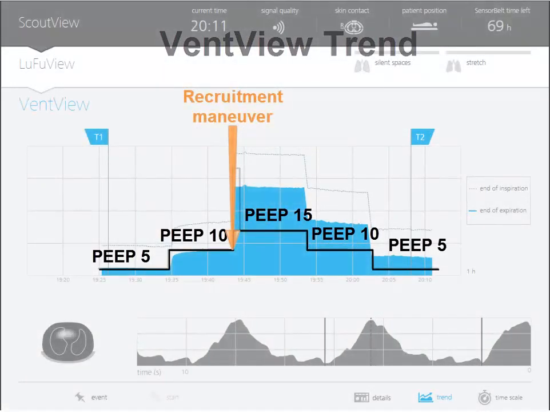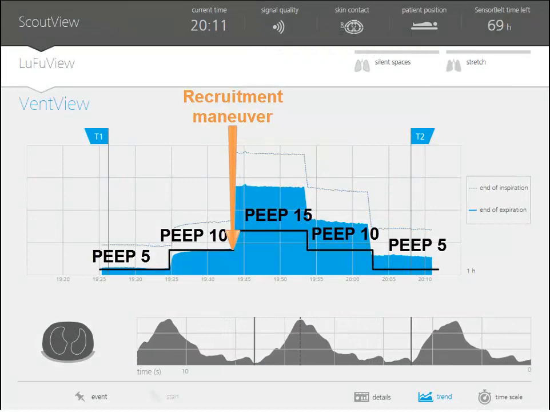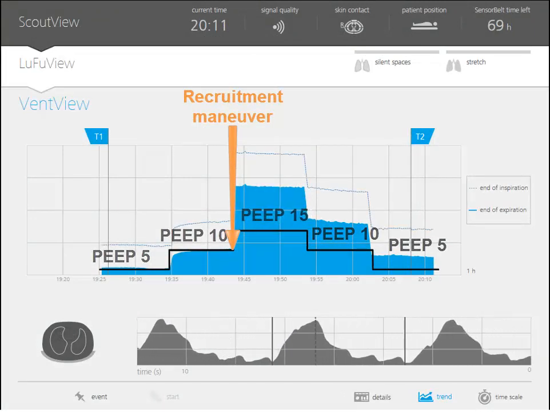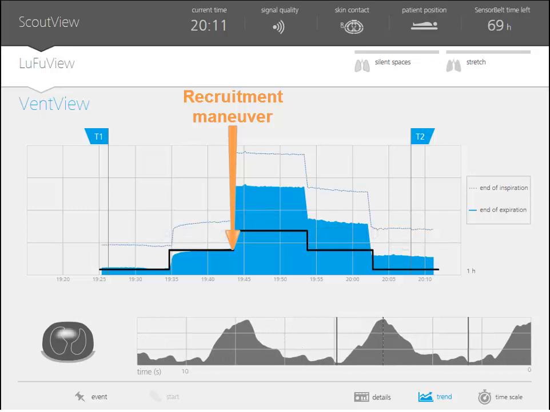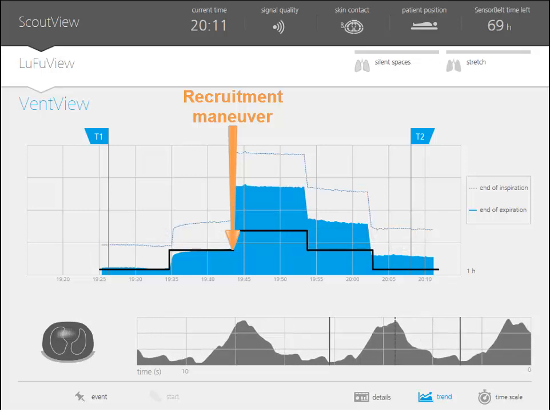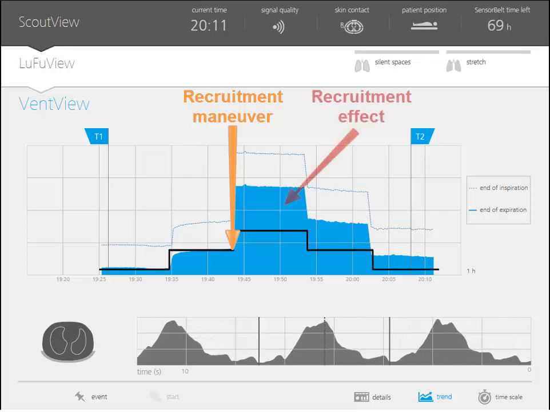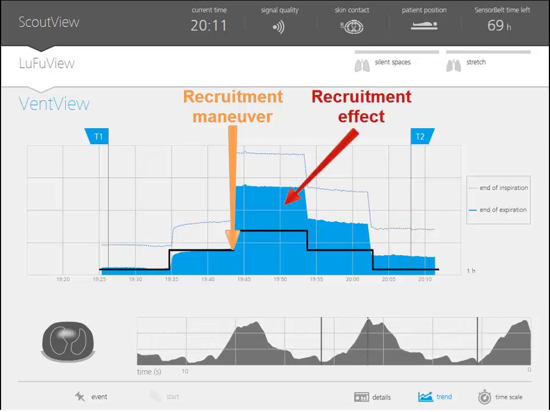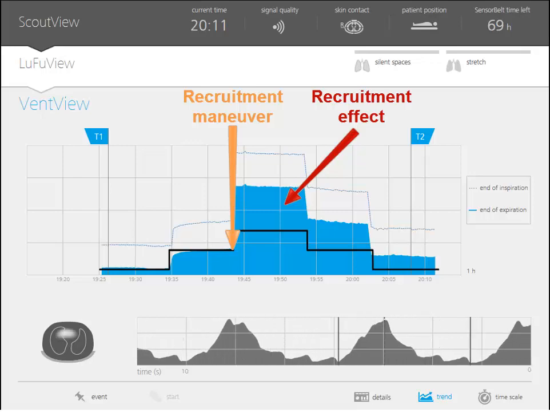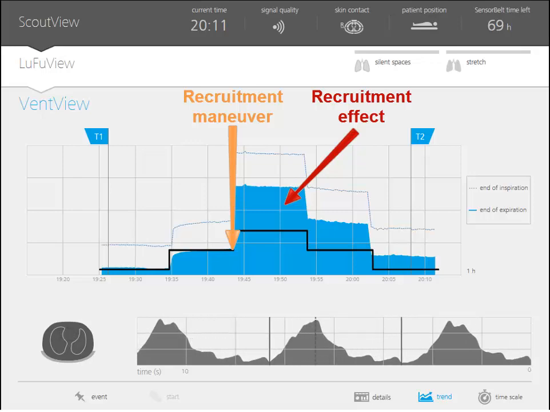Here, the trend of expiratory lung impedance during the entire PEEP titration is shown. When increasing PEEP, the end expiratory lung impedance increases as well. At 15 centimeters of water, we notice a recruitment-induced, more than proportional increment in end expiratory lung impedance, indicated by the blue area above the PEEP line.